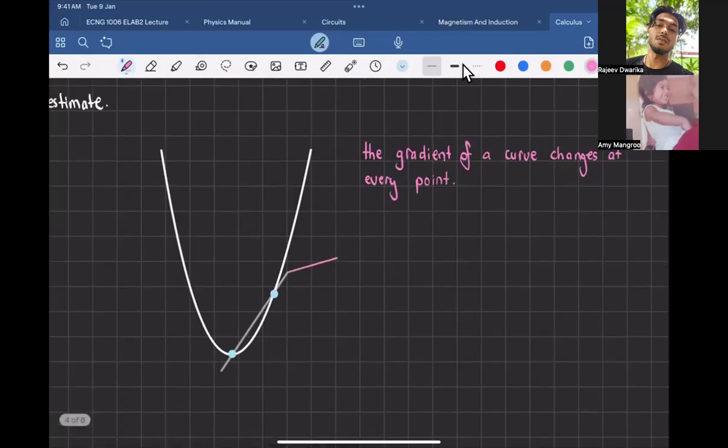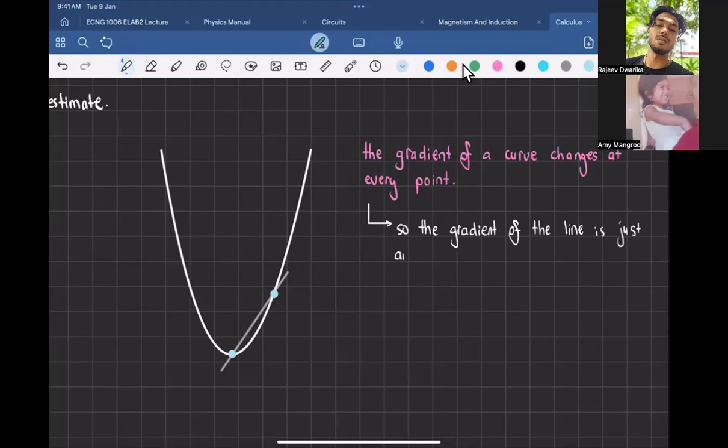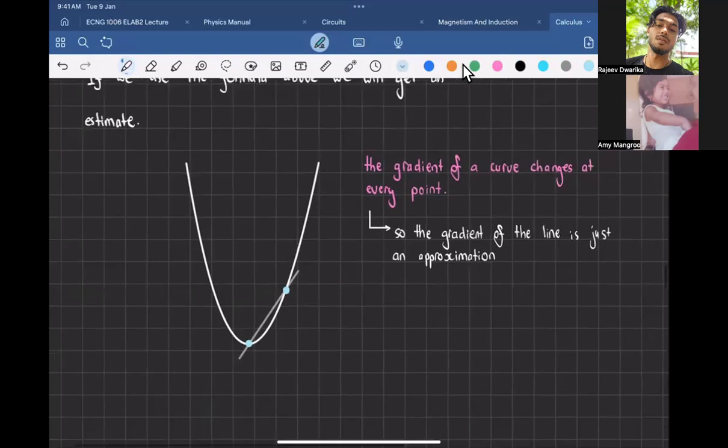Matter of fact, this here, so the gradient of a line is just an approximation.